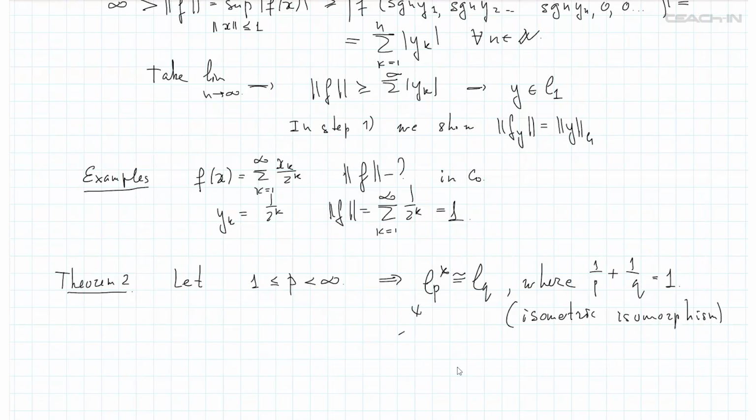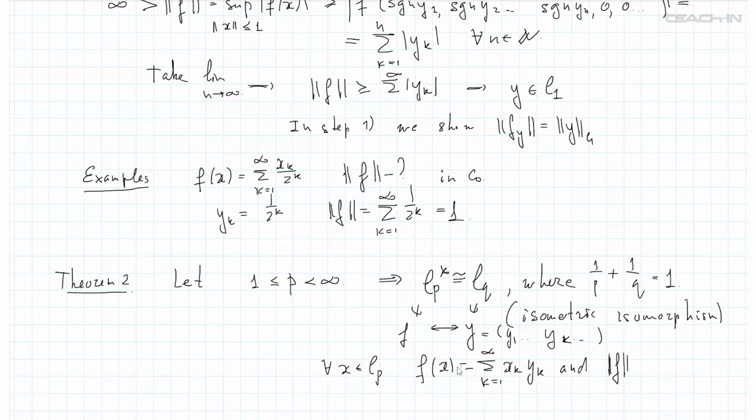For any functional f from Lp star, we have a one-to-one correspondence with a sequence y such that for any x from Lp, f acts on x as the sum, and the norm of f in Lp star equals the norm of y in Lq.